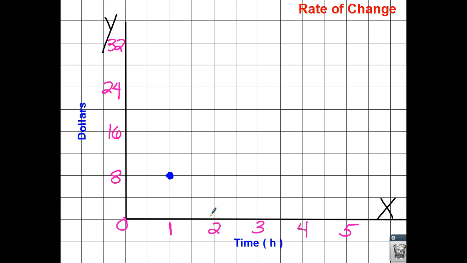Okay, so another $8 would get you to $16. And at 3 hours of working, if you kept the constant rate, you would be up at what? $24. And then how about after 4 hours, you'd be making $32.